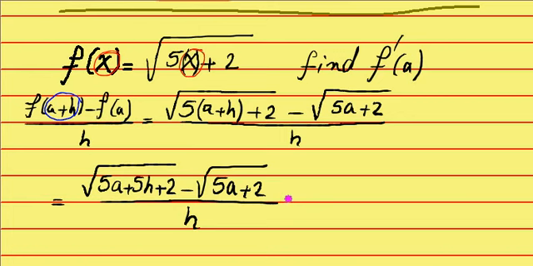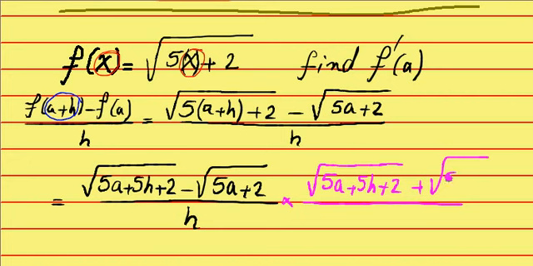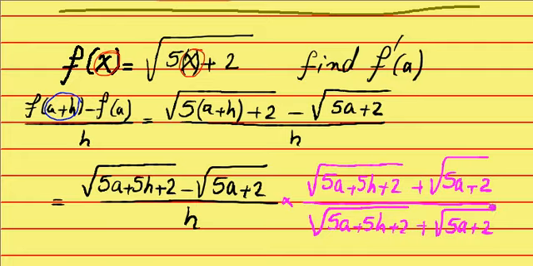I take this, multiply by a term that is really just 1, but it is made out of the conjugate, radical 5a plus 5h plus 2 plus radical 5a plus 2, divided by the same thing, radical 5a plus 5h plus 2 plus radical 5a plus 2.